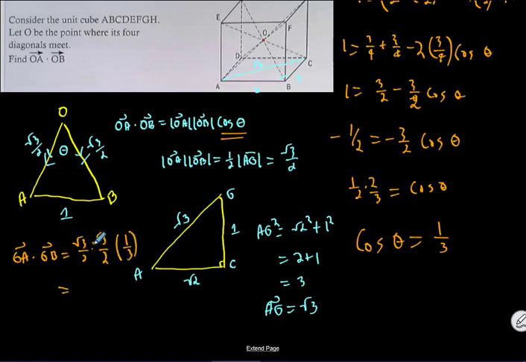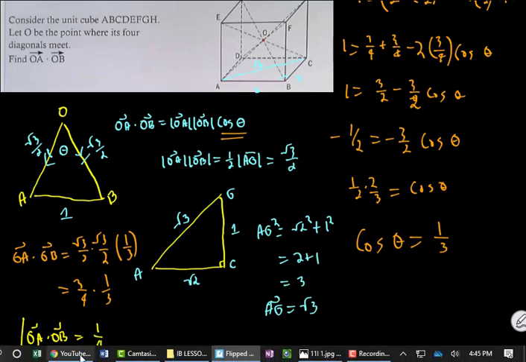This is 3/4 times 1/3. Finally, our final answer is OA dot product OB is equal to, the 3's cancel, 1/4.